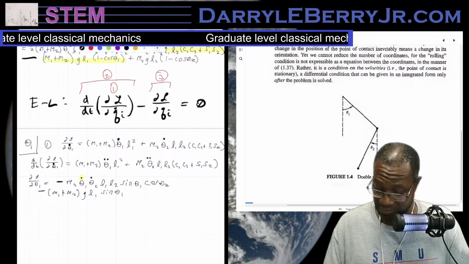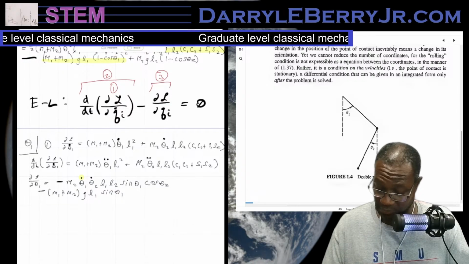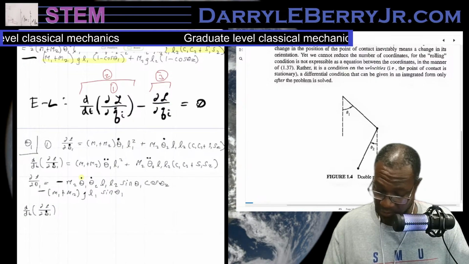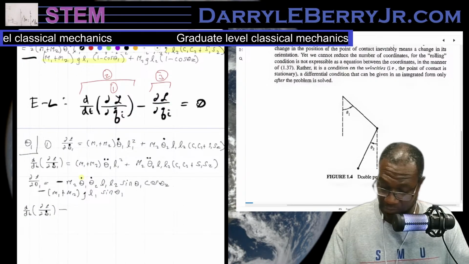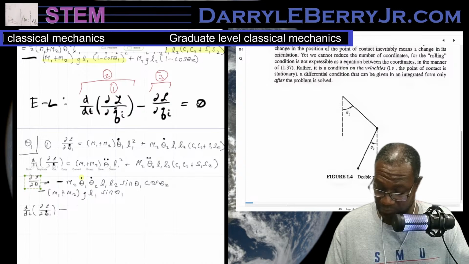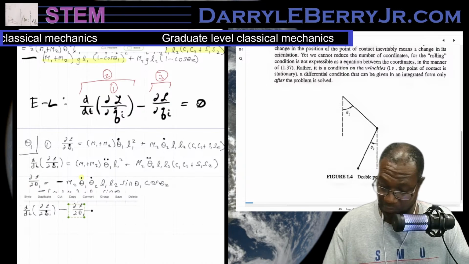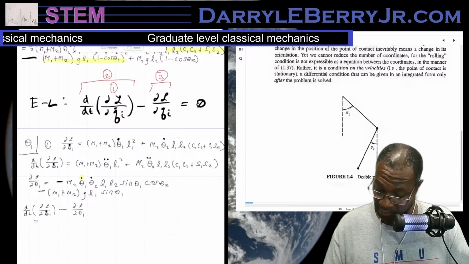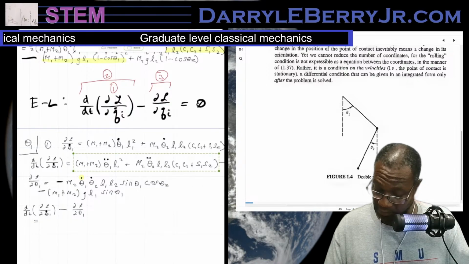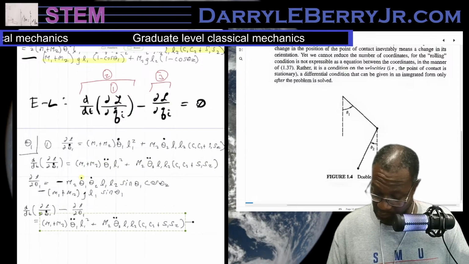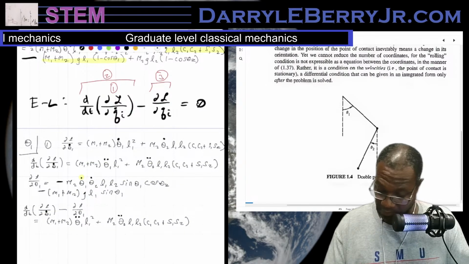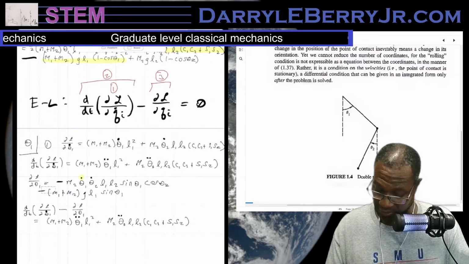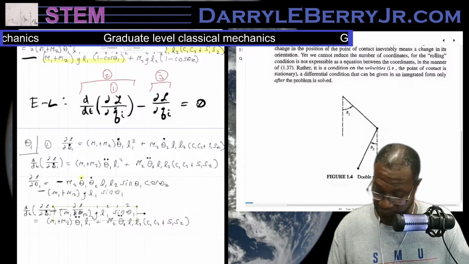So now when I put this together, d/dt minus this, the Lagrange equation, I should end up with this plus, since there's already a minus on it, and actually I could just copy it down with the negative and just put the plus on the front.